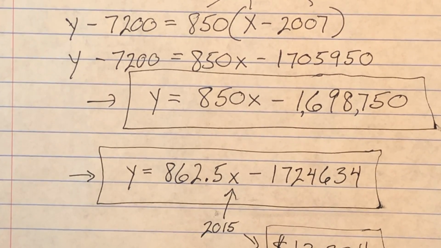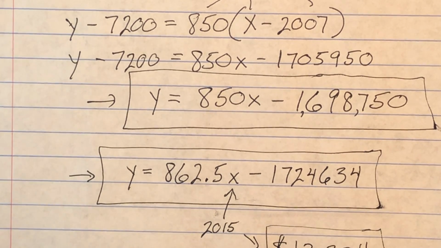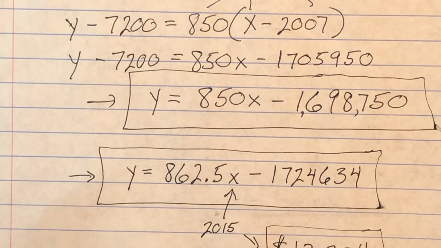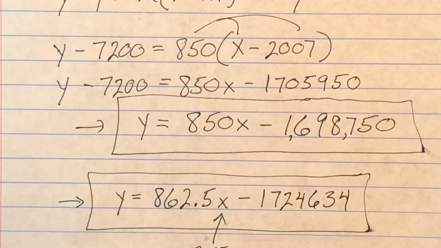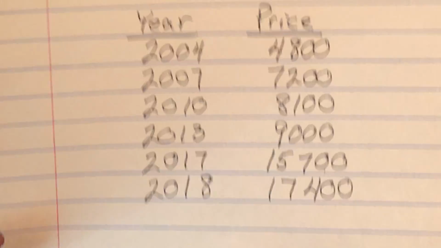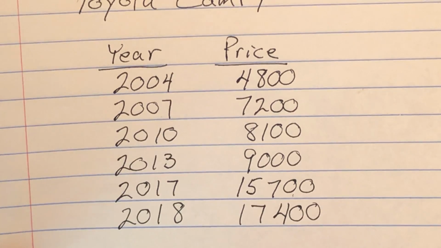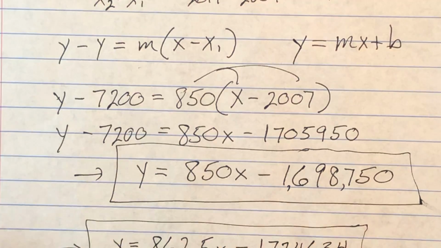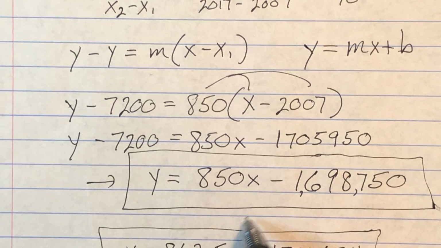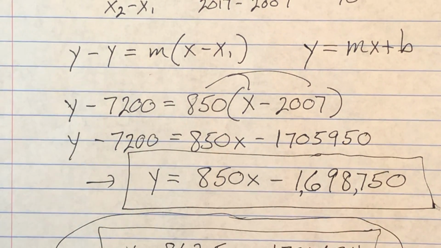Now, I'm not going to have you do any IXLs today. I want to go over this a little bit more with you tomorrow before we do that. But what I'd like you to do today, because I know it was hard for you to do this on your calculator as I was doing it, is see if you can do the same thing we did. Take these numbers and plug them in and see if you can recreate this equation right here by using the same method.